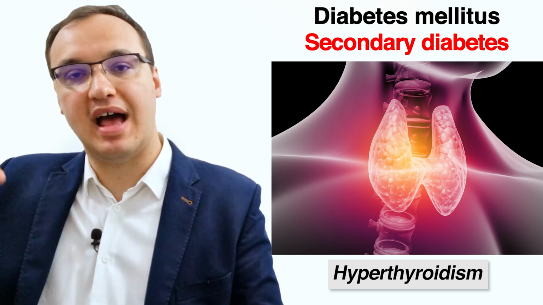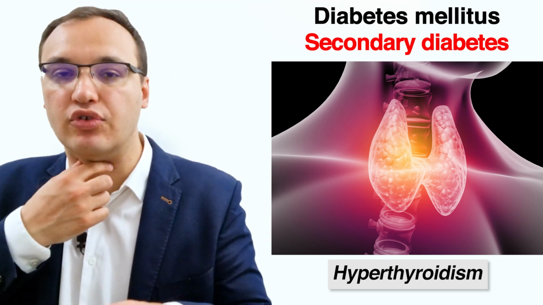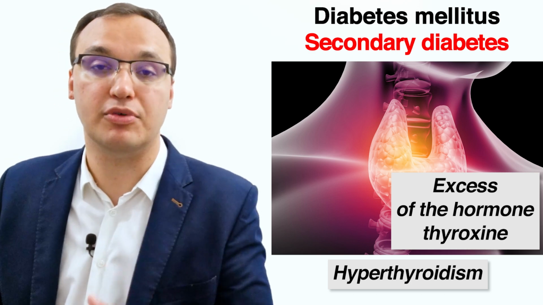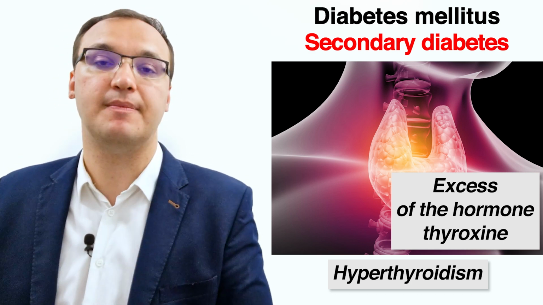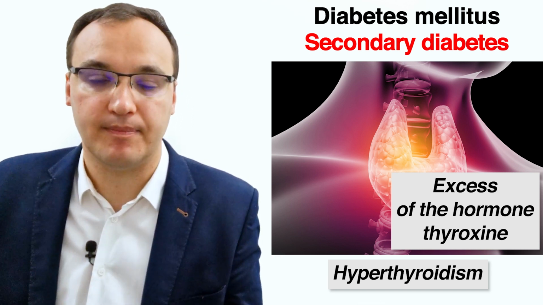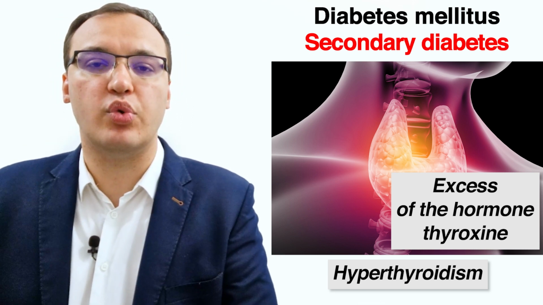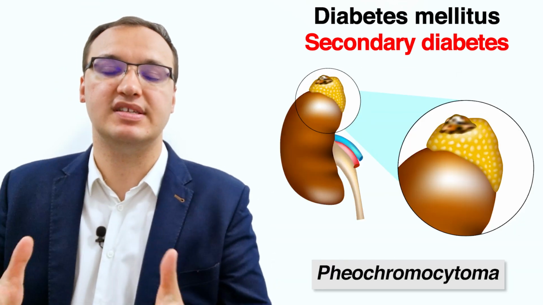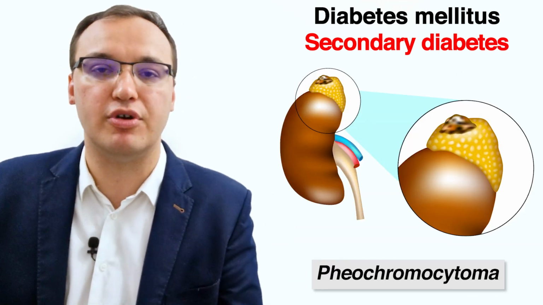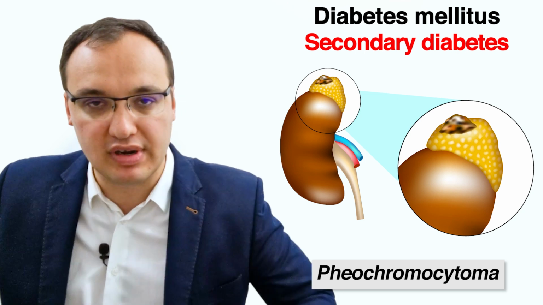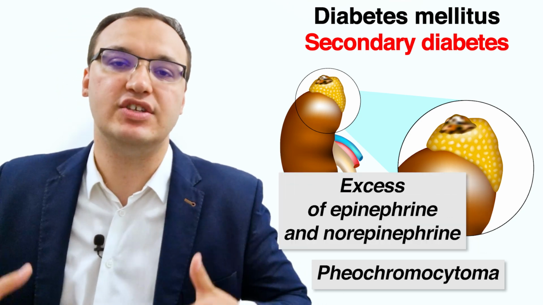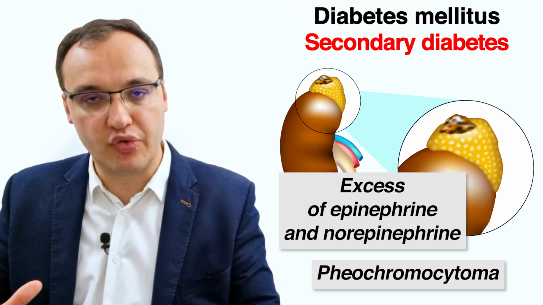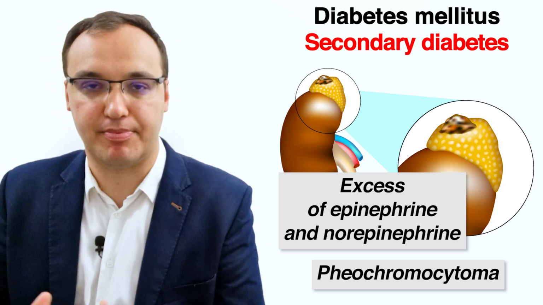We have also hyperthyroidism that occurs when the thyroid gland is overactive and produces too much of the hormone thyroxine, and so on. What do we have more? We have, for example, pheochromocytoma. This is a rare, usually benign tumor that develops in one or both adrenal glands and results in release of too much epinephrine and norepinephrine, hormones that control the heart rate, metabolism, and blood pressure.